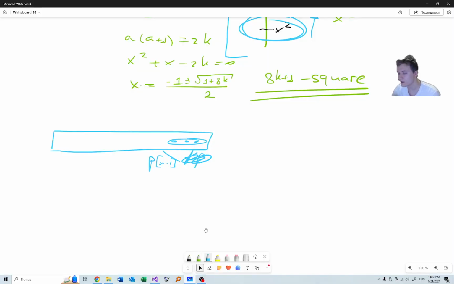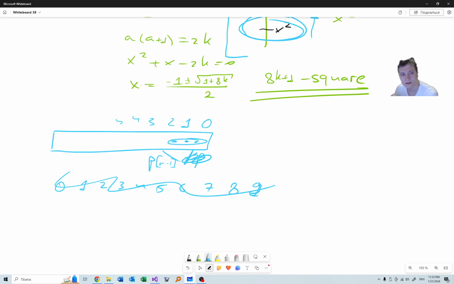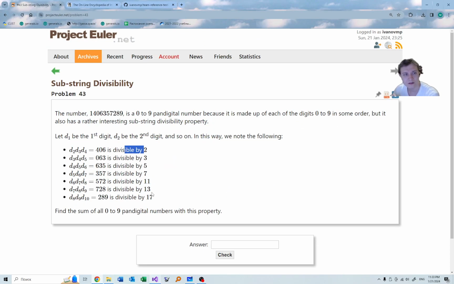Okay, initially it's something like 0, 1, 2, 3, 4, 5, 6, 7, 8, 9. Okay, now we want the following. Actually, it will be the digits from right to left. So this is how it looks like in the beginning. Can the number end with 0 actually?